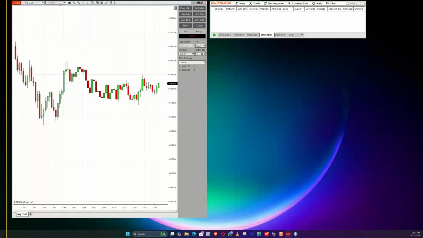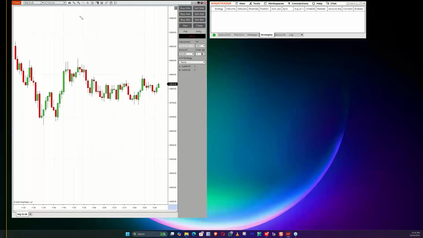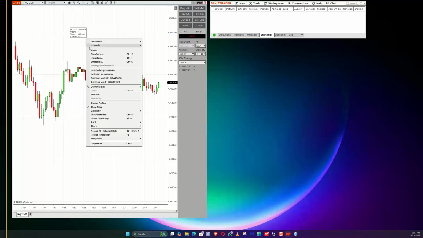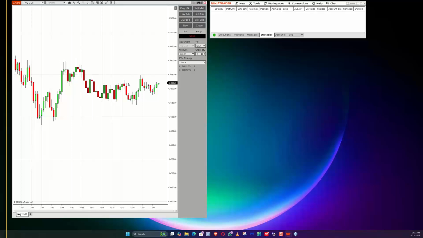So that's the pencil and the ruler. That's one of our favorite tools for easily calculating how much a move has been without trying to calculate it using the crosshair or adding numbers together in the price. Just a great way to calculate for us to set up our breakout trades, reversal trades. It's one of our favorite tools for back testing and designing trades.